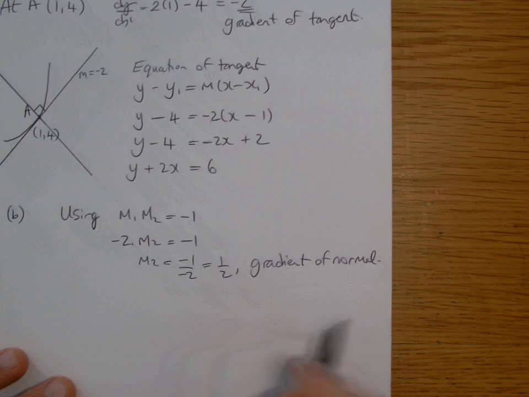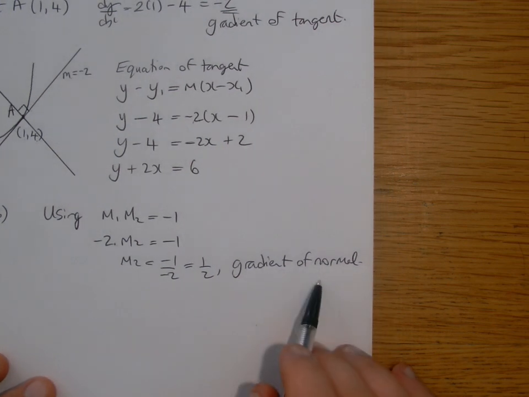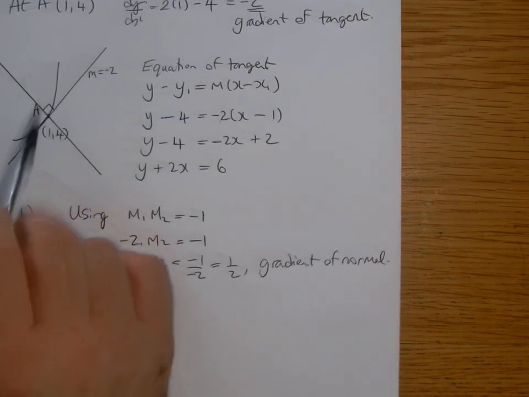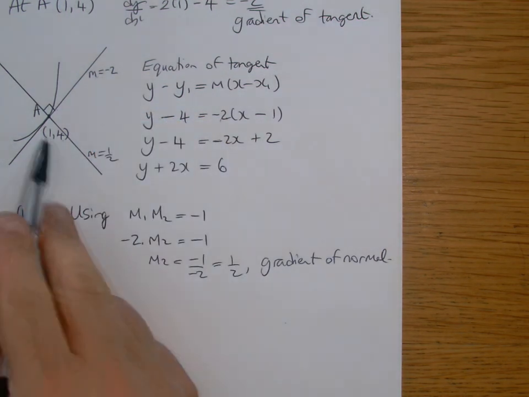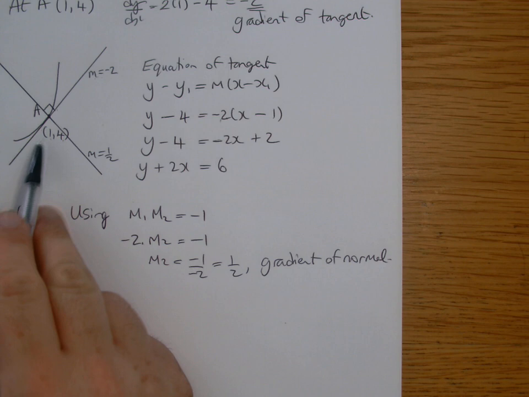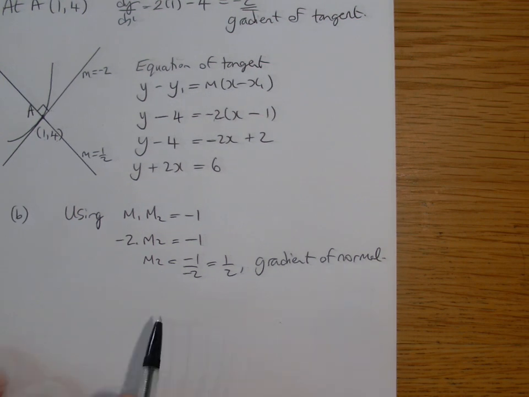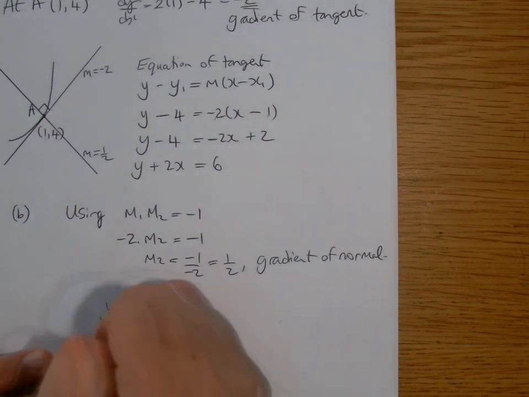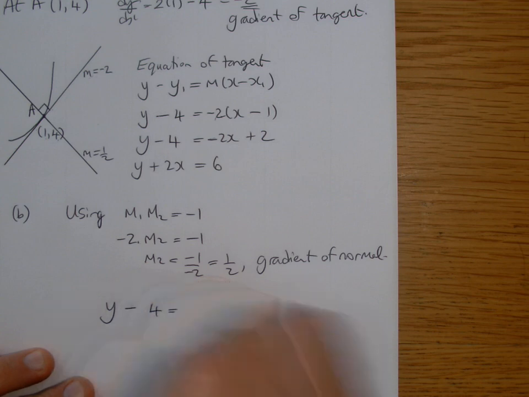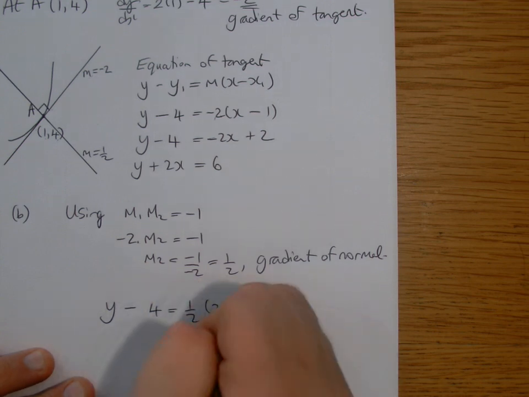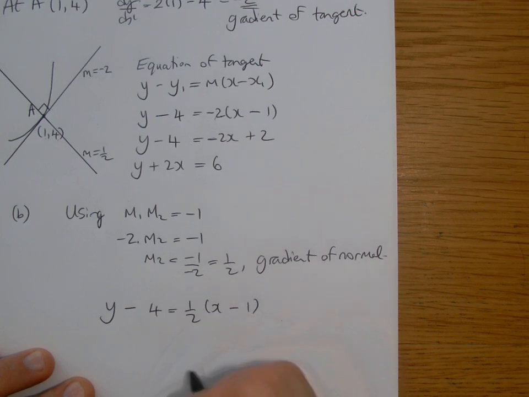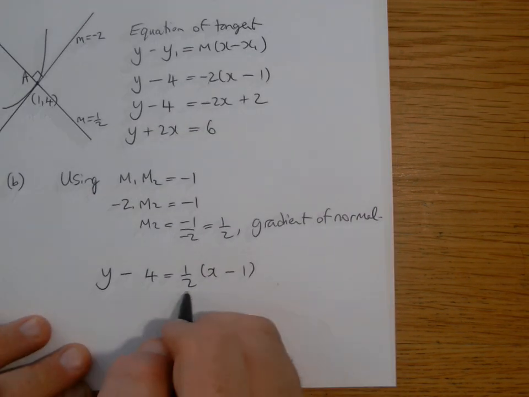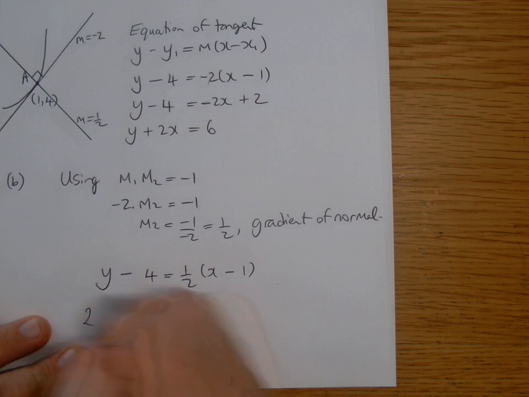Okay, and what's good is with the gradient of the normal, because I've got that to be a half, I know it goes through point A. I can then quite simply work out the equation, just like before, using point A, but this time using the gradient of the normal, which is a half. So when I've got that, I manipulate this, I'll take that 2 over the other side and multiply.